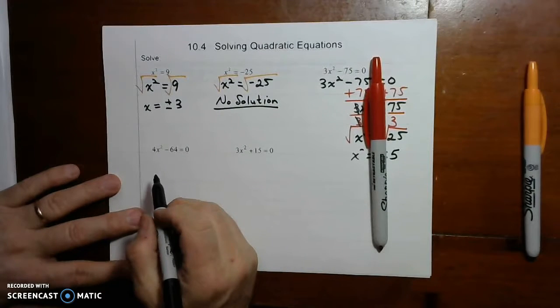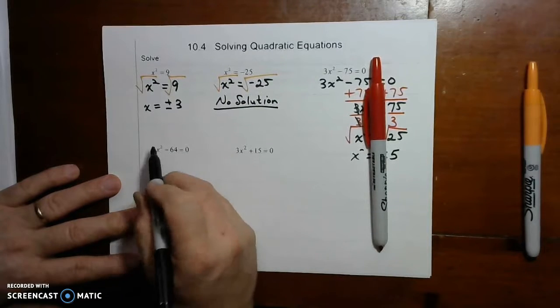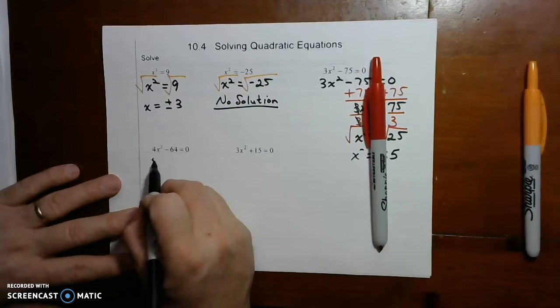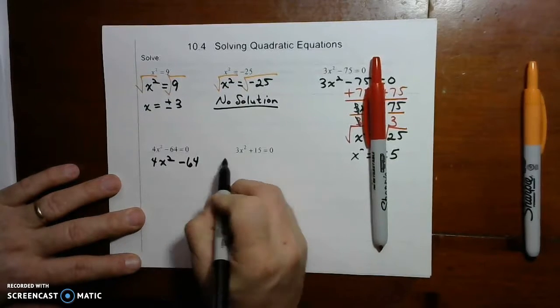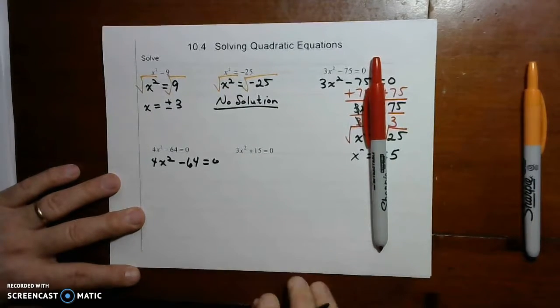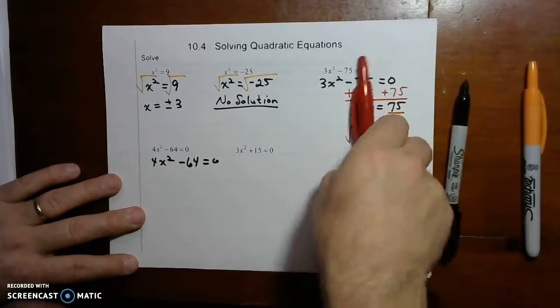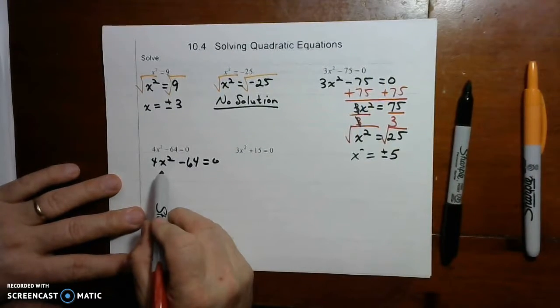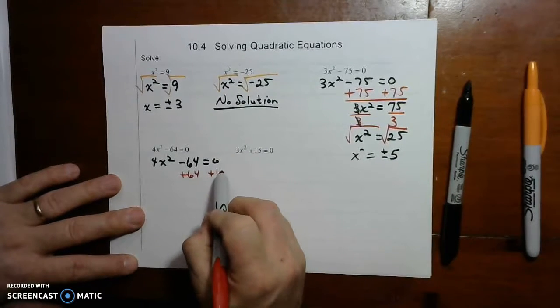Okay, let's move on to our fourth example: 4x to the second power minus 64 equals 0. So again, I want to isolate my variable. I'm going to add 64 to both sides.